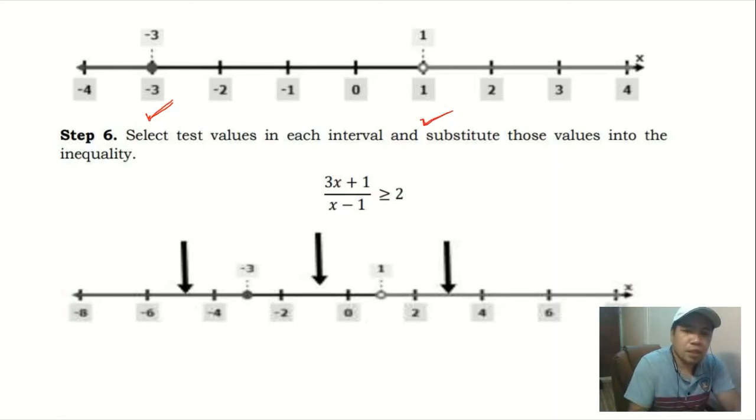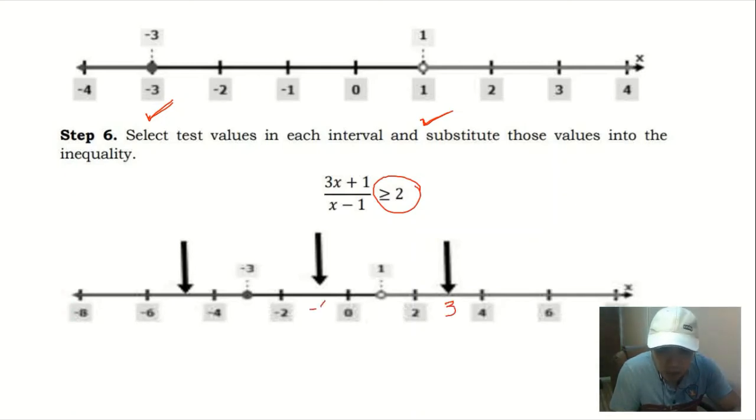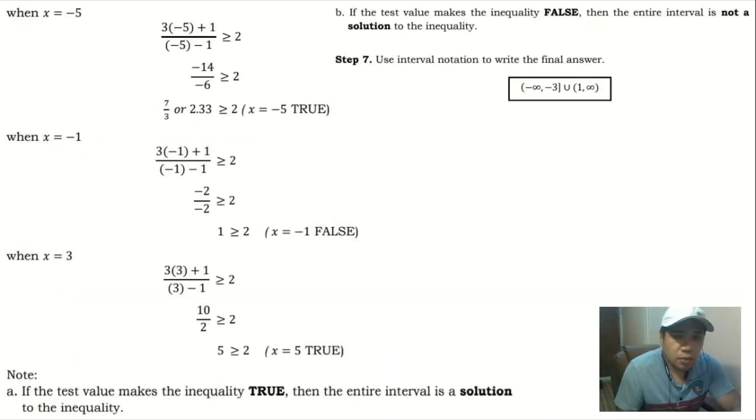Now, since ang given is greater than equal to 2 at lampas pa siya kay 2, check natin kung pasok pa rin kapag what if hanap tayo ng ibang points. This is 3, this is -1, and this is -5. So, check natin kung papasok itong mga values na to. Kaya, una, si -5 is pasok.